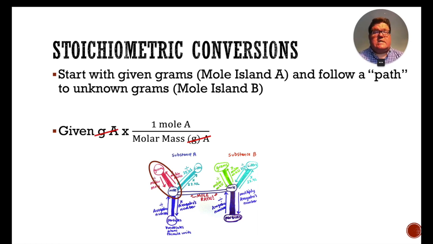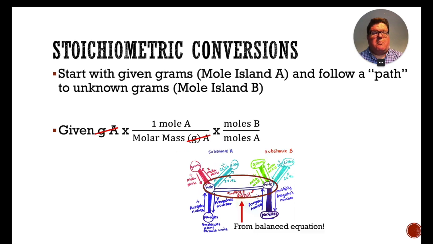We want to continue onward to figuring out grams of B, so we now need to use the mole ratio. We need the balanced equation here, whatever that would be, and we would have moles of A in the denominator and moles of B in the numerator. Again, with this mathematical setup, moles of A will cancel out.